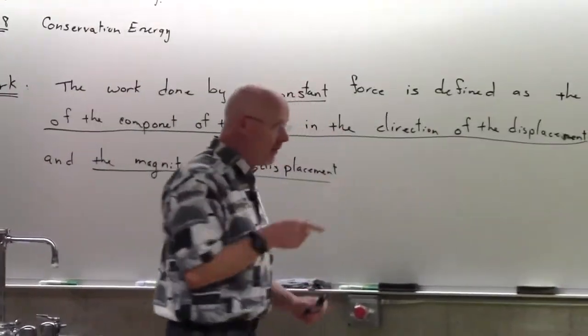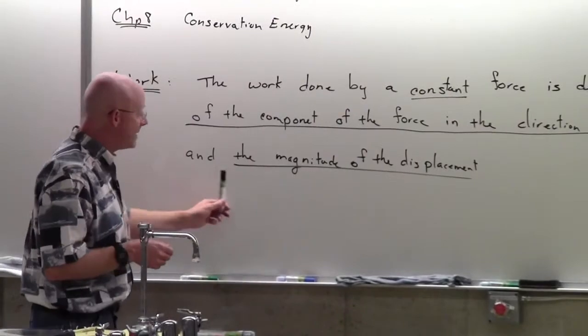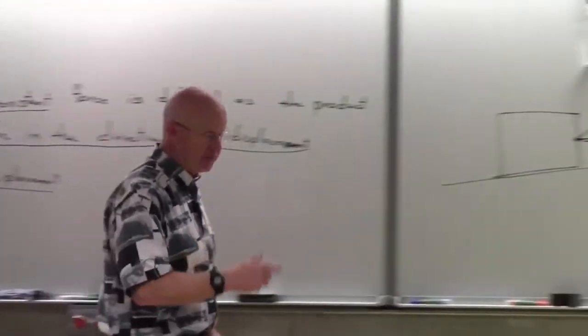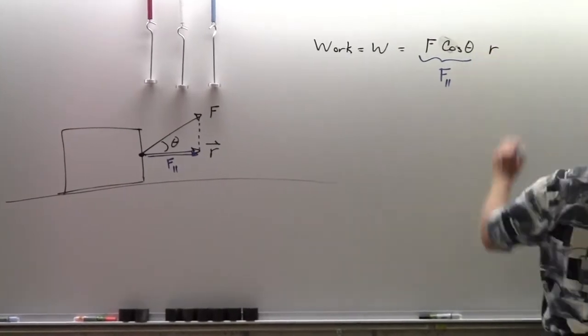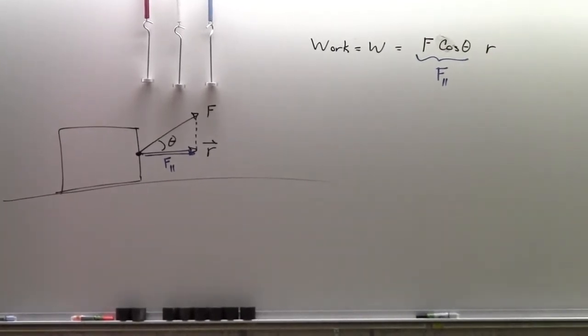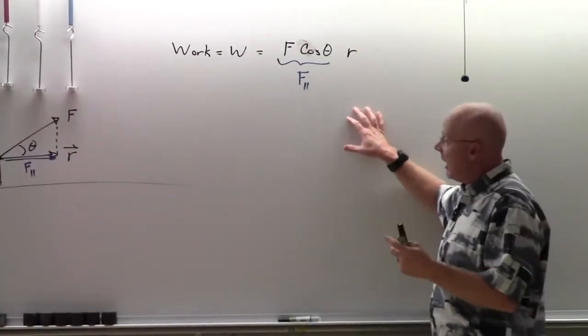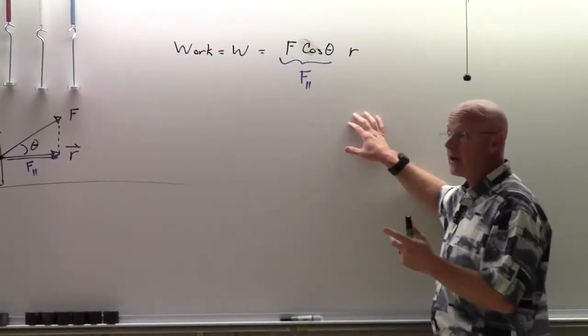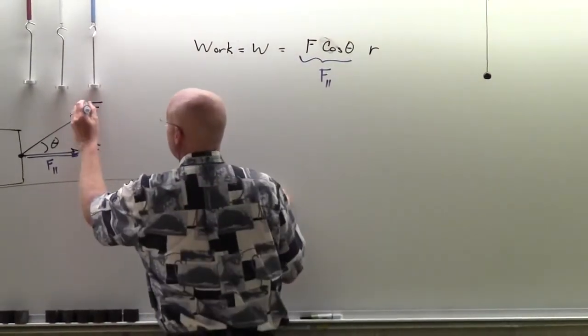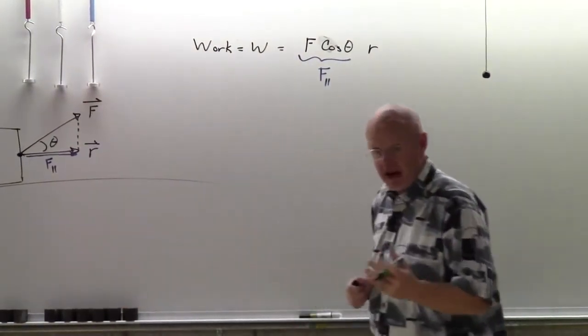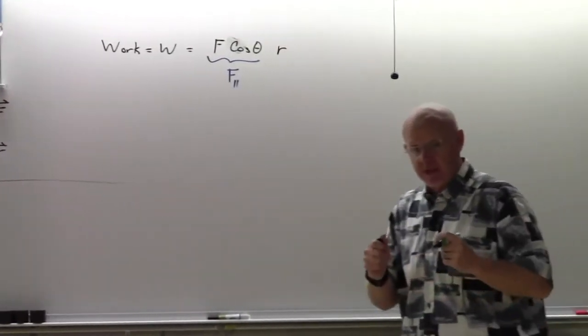And then, of course, the other thing is the magnitude of the displacement. So in this case, I would put the symbol r with no arrowhead over it. By the way, notice that I've taken really two vectors, a force vector, and I even should have put a little arrowhead over it to say there is a force vector and there is a displacement vector.